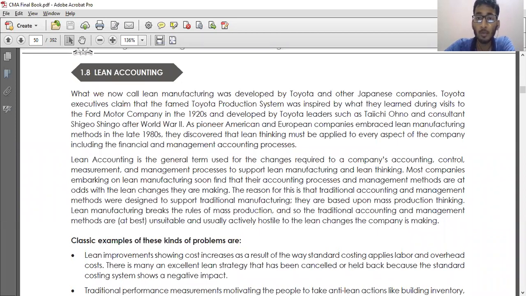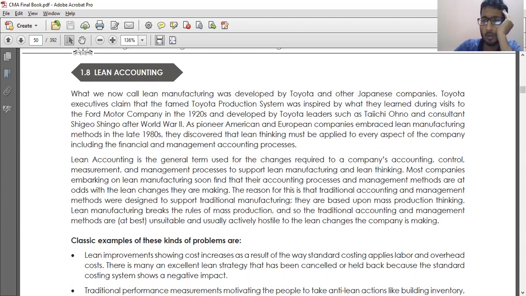If you guys remember, we took the example of Toyota and Ford when we were doing lean accounting. We understood what Toyota did and what process Ford followed. So everything we have done. Here it is written that lean accounting was developed by Toyota.